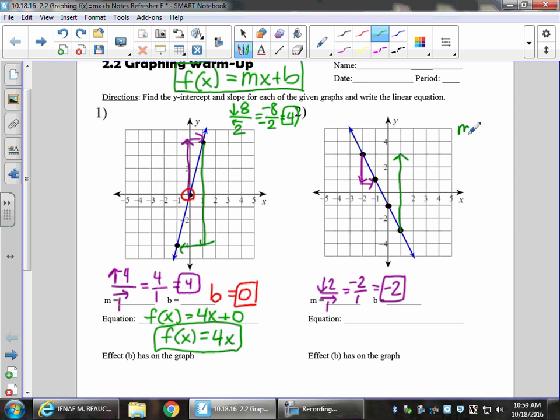So he went up 6. Up 6, and then where? Left 3. Up 6 is positive or negative? And then left 3, positive or negative? What is 6 divided by negative 3?